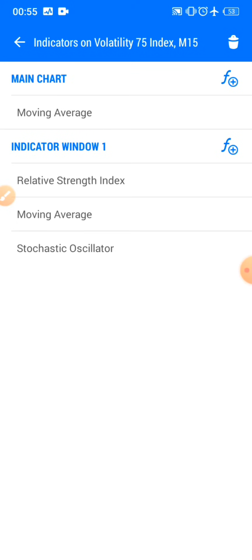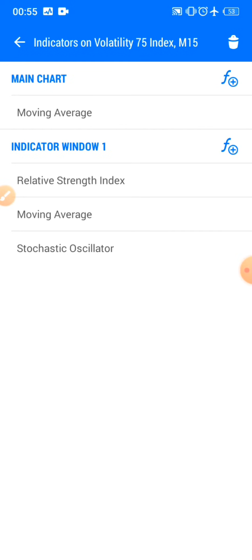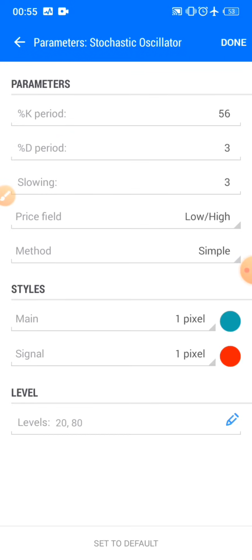Then for the first moving average on the indicator window, we're going to be adding a moving average with period of 10, shift 0, method exponential, apply to close. Then click done. Then for the last indicator on the indicator window, we're going to be adding the stochastic oscillator with a period of 56, 3, 3, low/high, simple.